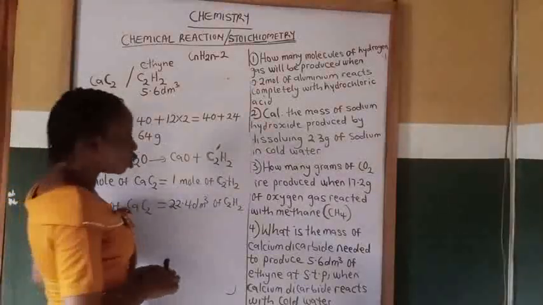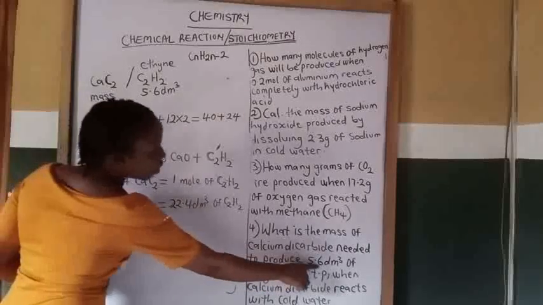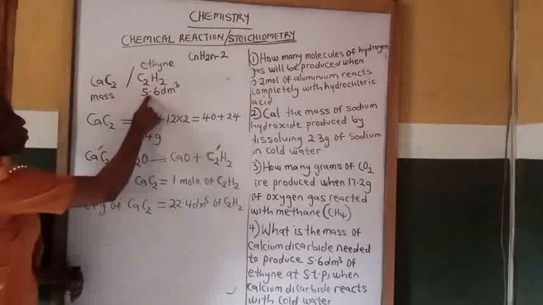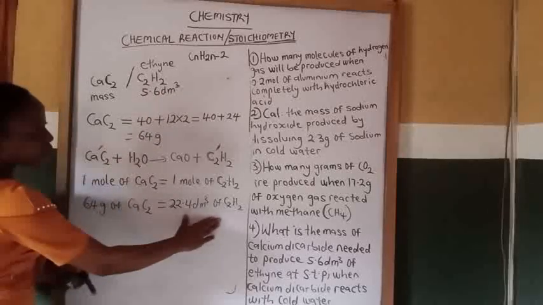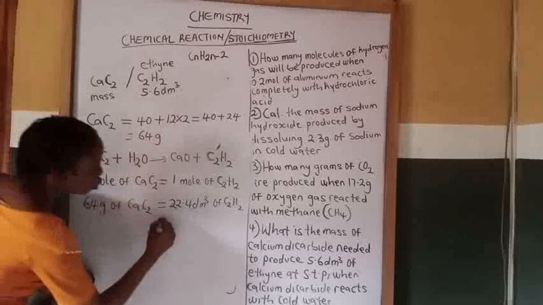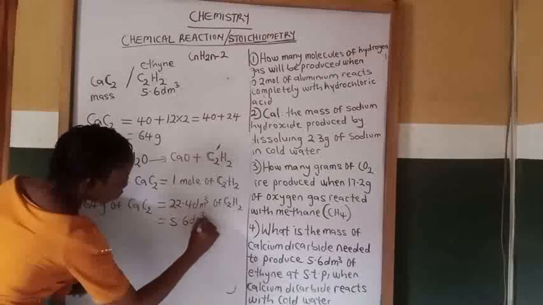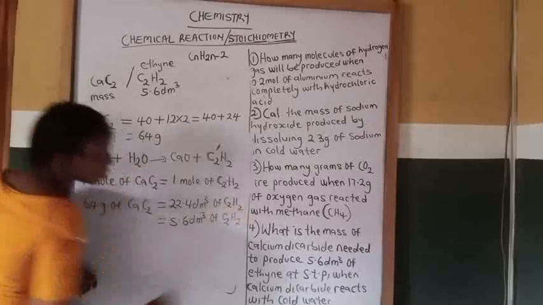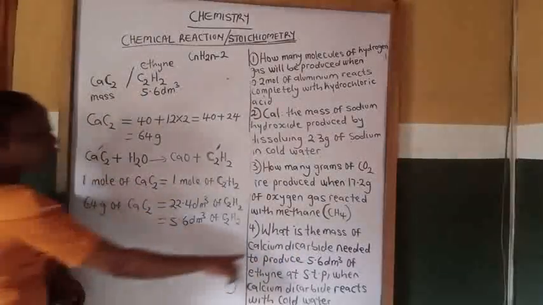Then you go back to your question. According to our question, 5.6 dm cube of ethane is given. So under ethane, we write 5.6 dm cube of ethane. Then what is the mass of calcium dicarbide according to this question?